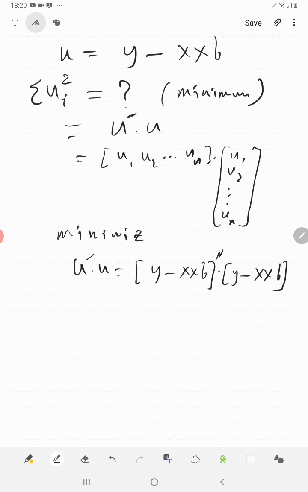Now, if we multiply this, what will we get?